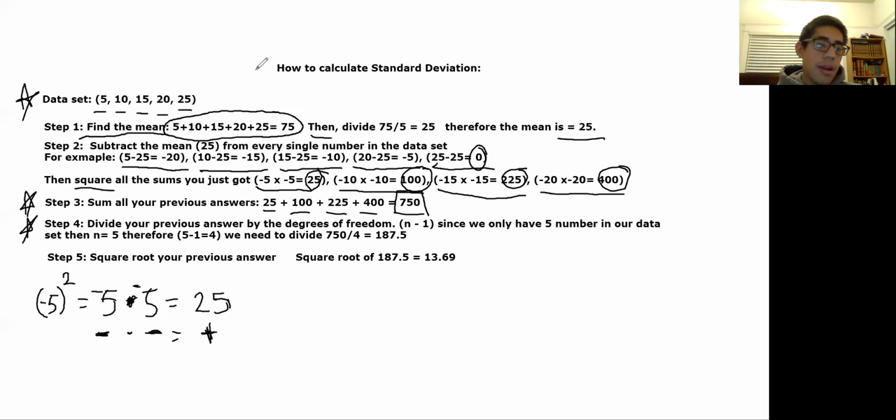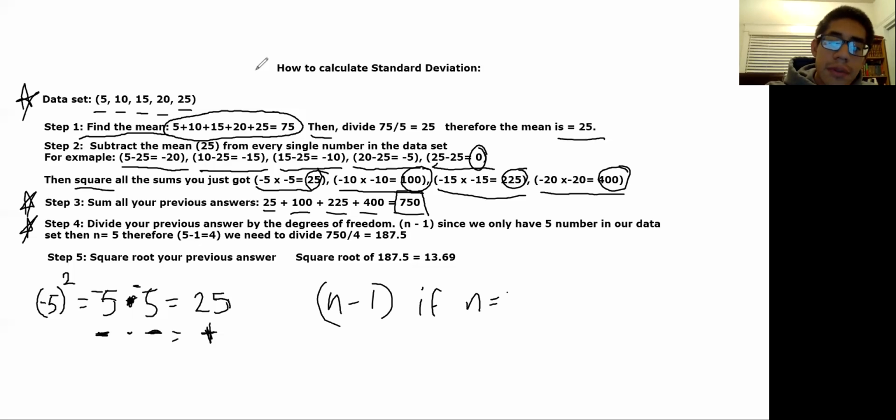Now, if you remember from earlier, we were talking about degrees of freedom. It's n minus 1. And again, I'm going to show you where this comes from later. I just don't want to overwhelm you with the formula just yet. Since we only have 5 numbers in our data set, n is equal to 5.